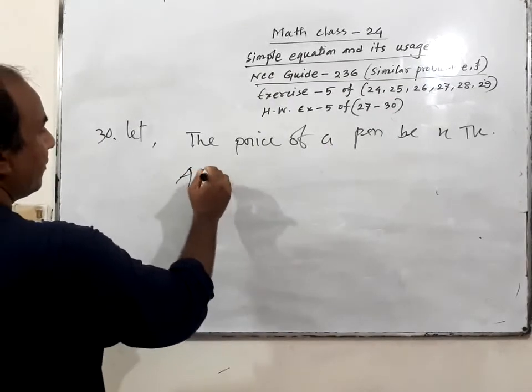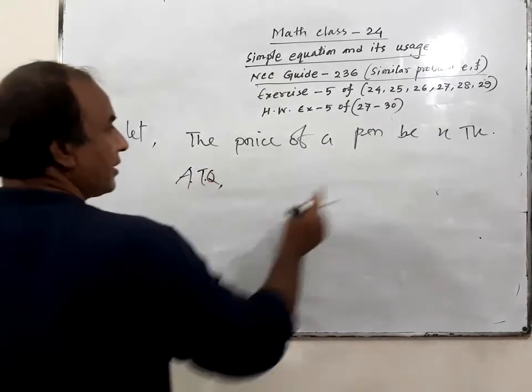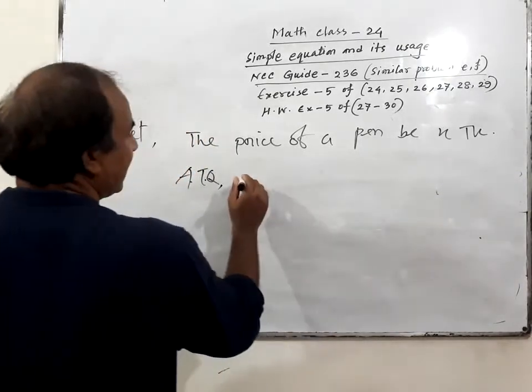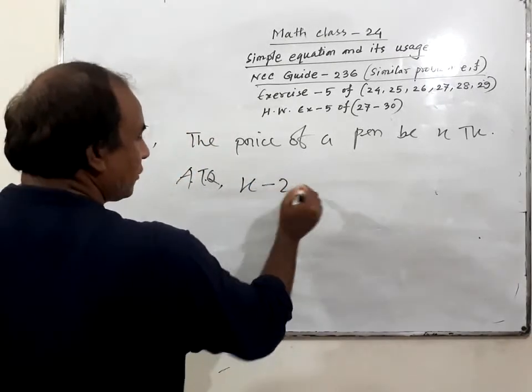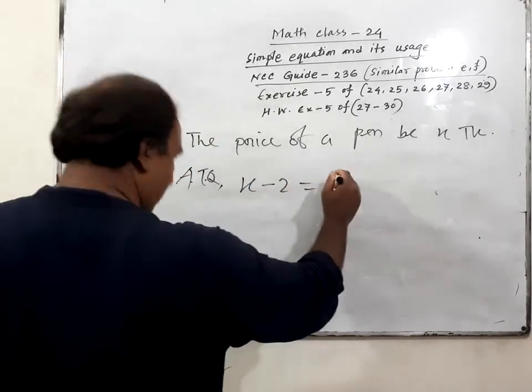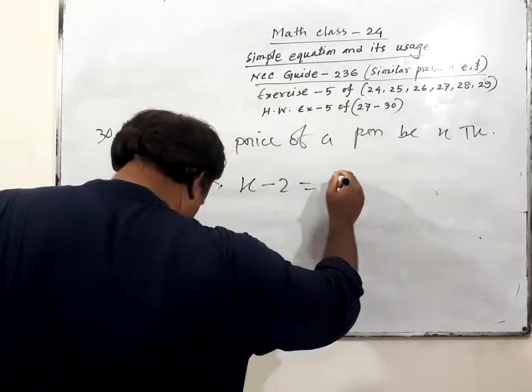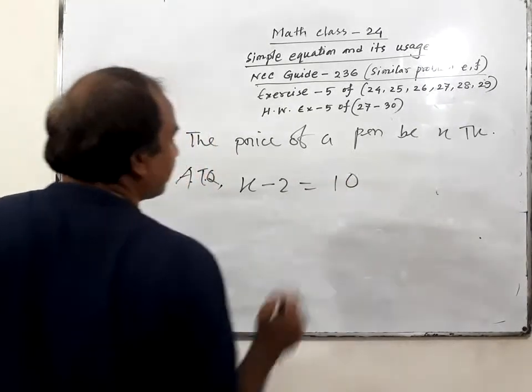ATQ, the price of pen is x taka, so less by 2, that means minus 2 is equal to 10.